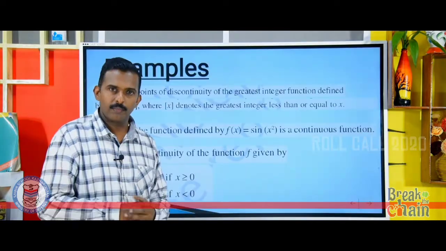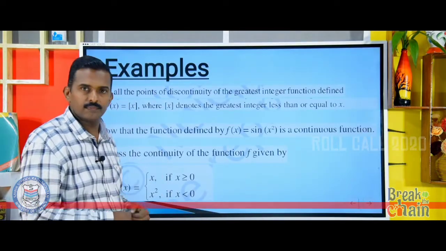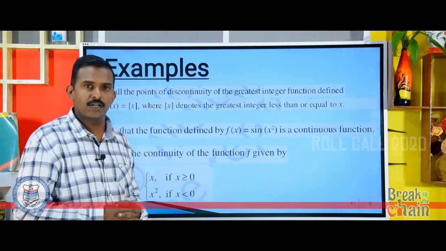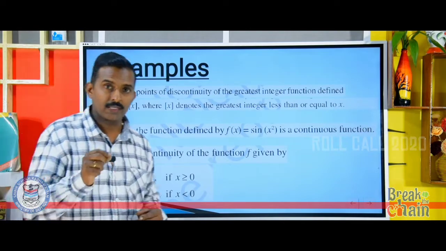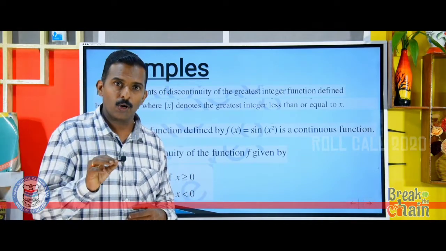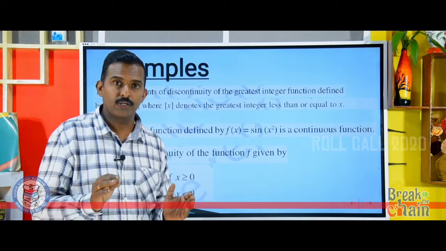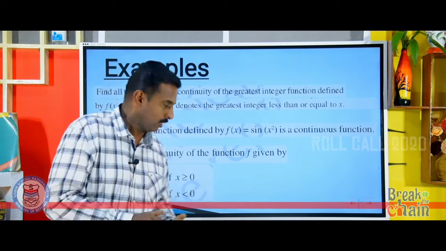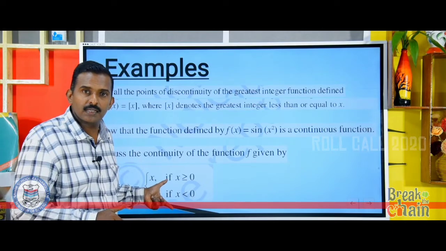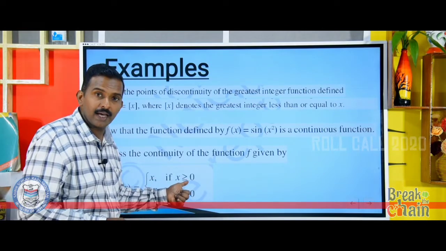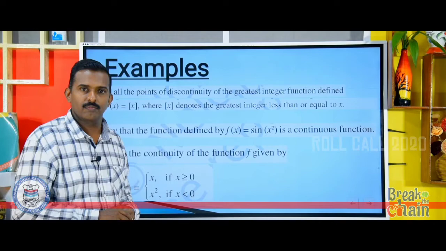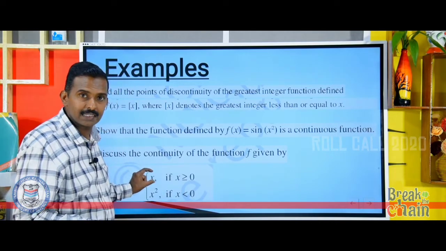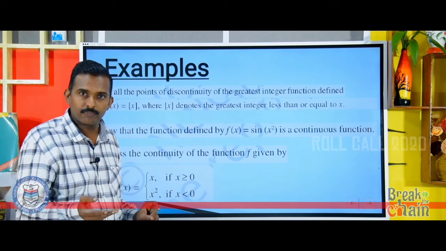One more example, the last one. Is it continuous? Discuss the continuity of the function. Now such questions are there in the topic of continuity. If you want to discuss it, you should discuss it in the entire domain. Now as far as this function is concerned, for x greater than or equal to 0, it is continuous, because for x greater than or equal to 0, the function is x, which is a polynomial.